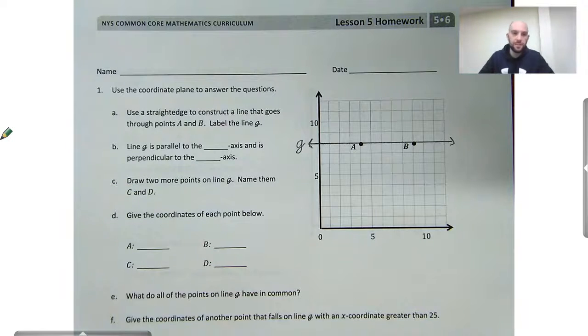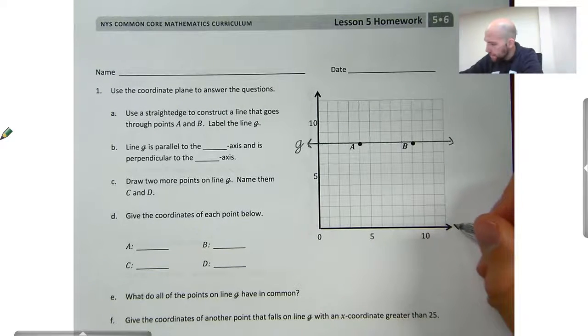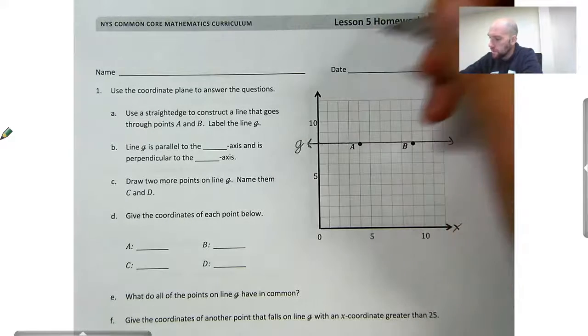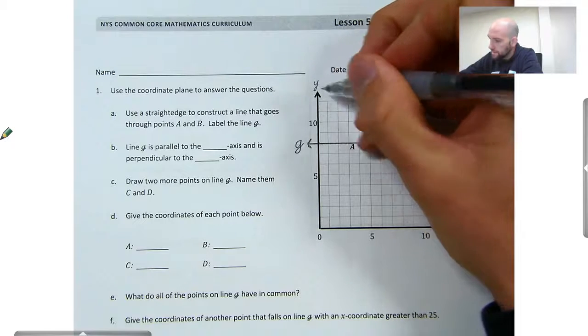Then it says line G is parallel to the blank axis and is perpendicular to the blank axis. It's parallel to my x-axis. It looks like it's perpendicular to my y-axis.